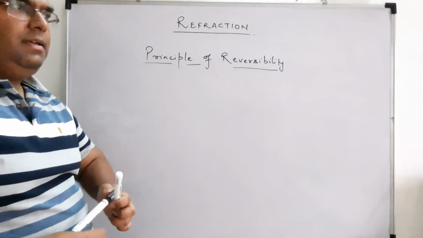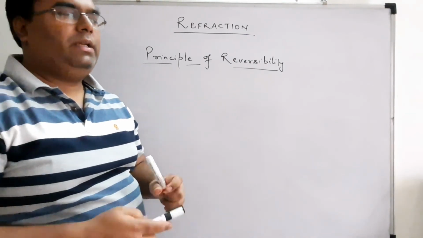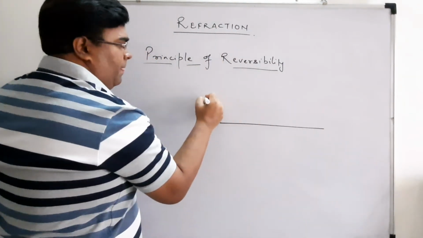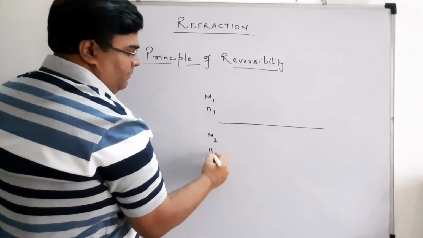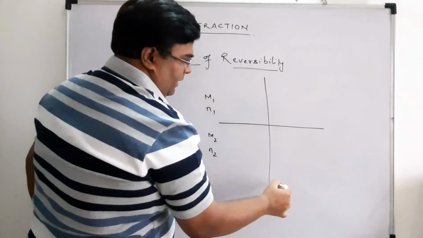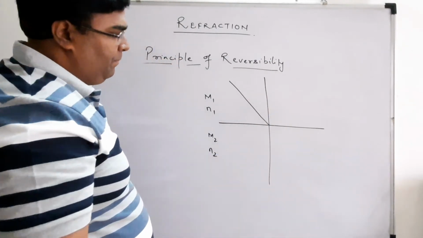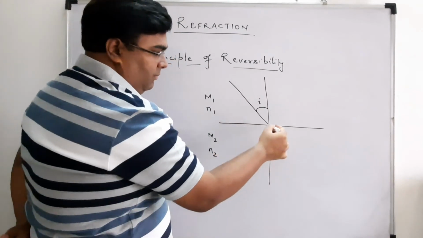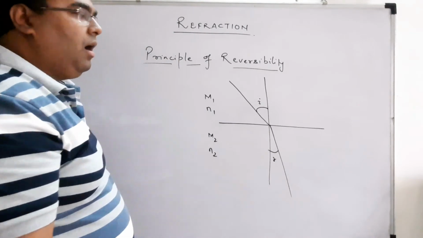Now let us understand the concept of the principle of reversibility, right? We have two media with refractive indices N1 and N2, and suppose this is my normal, this is my incident ray making an angle I, and this is my refracted ray making an angle R, right?